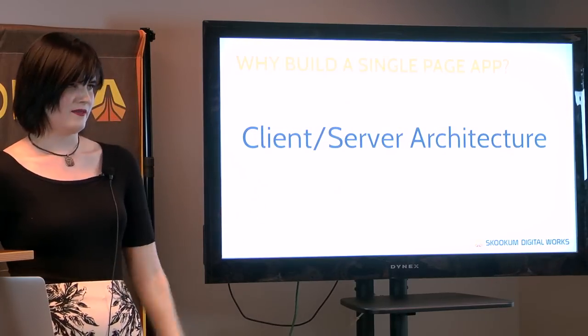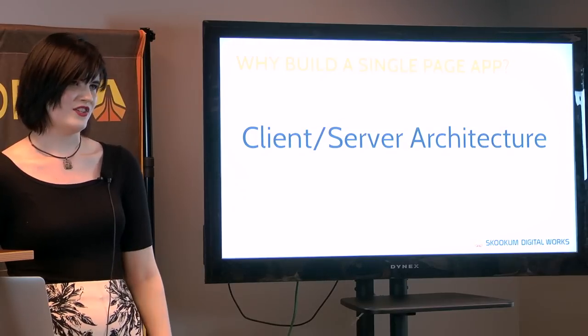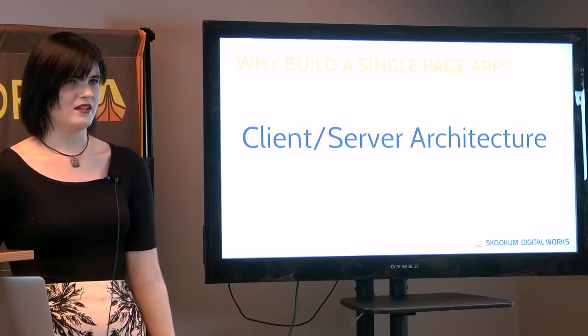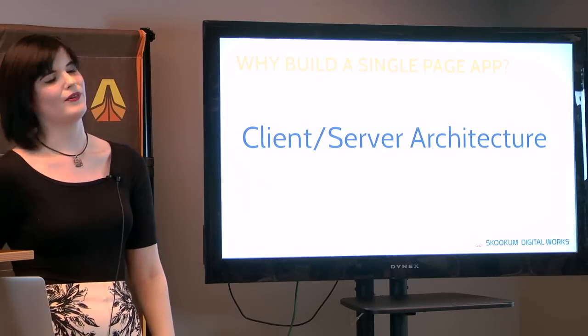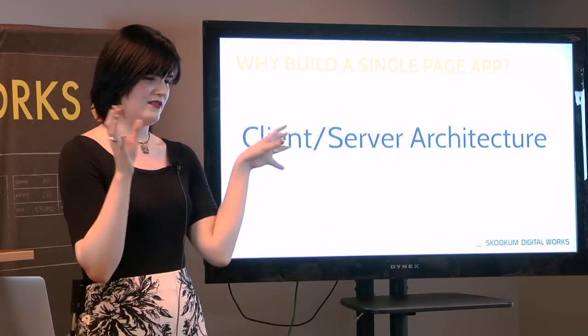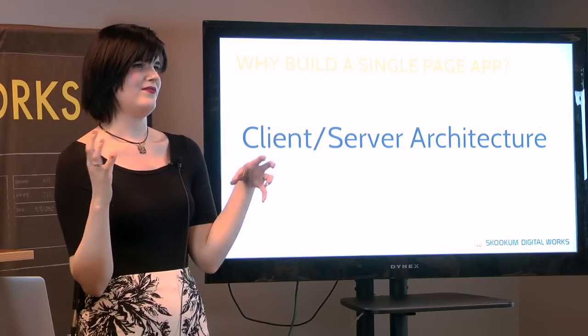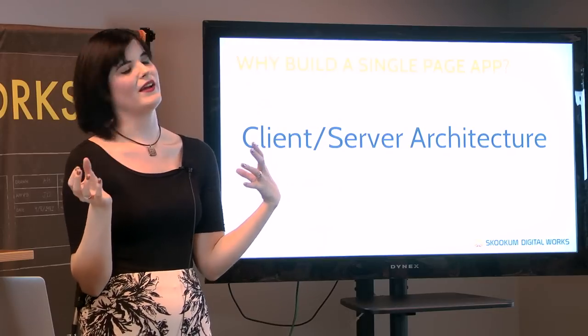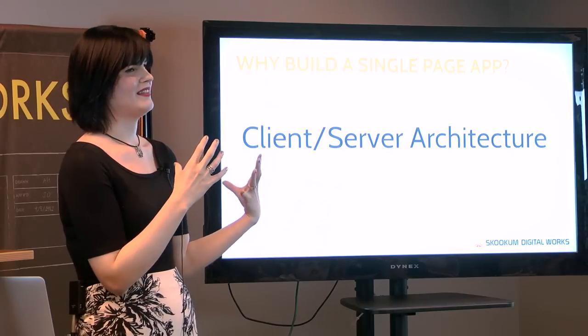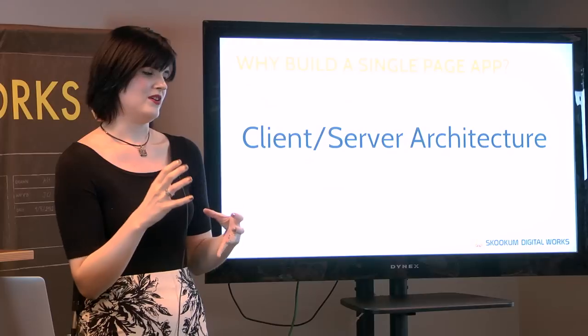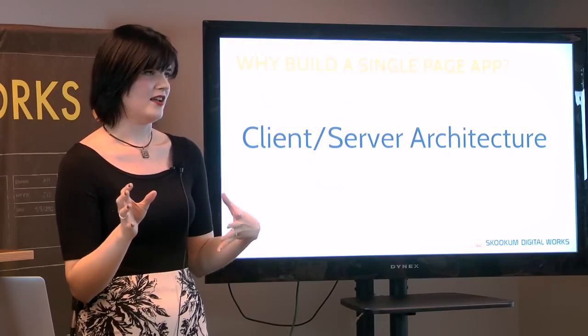So why would you consider building a single-page app? Well, here at Skookum, we're a big fan of client-server architecture, so keeping the client and the server very separate. Like I was saying before, with your backend code, if you're just making a REST API, that allows you to put any sort of front end on it.